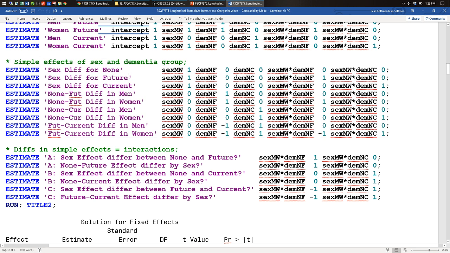If I want to go the other way, if I wanted to talk about the none-future difference between men and women, does the effect of dementia differ by gender? If I take the second line and subtract the first, it's identical.